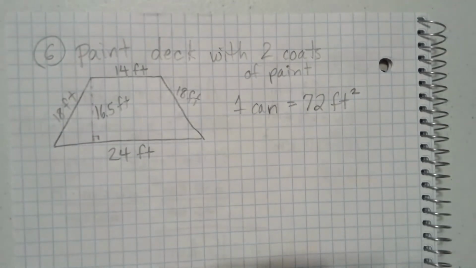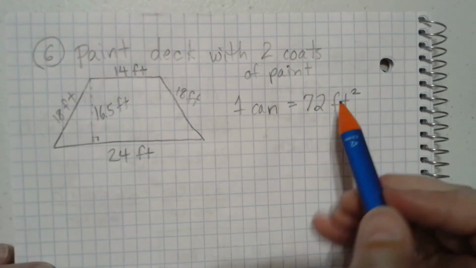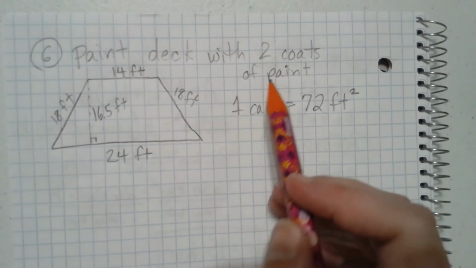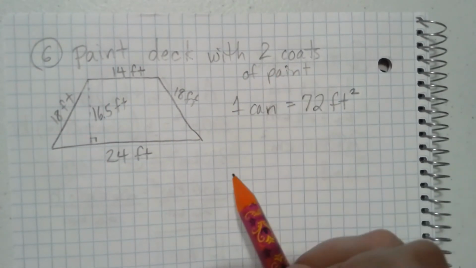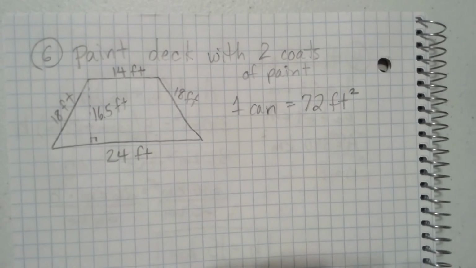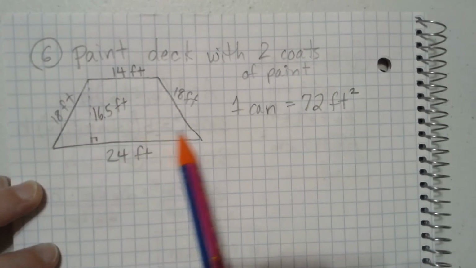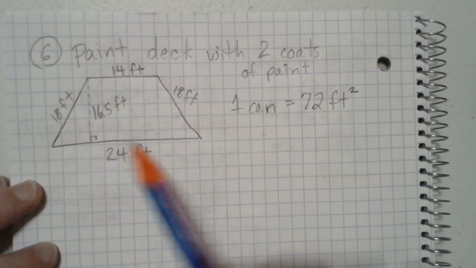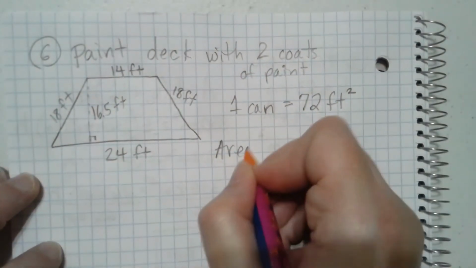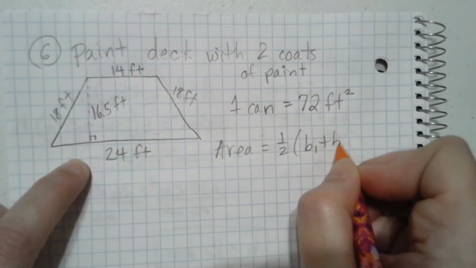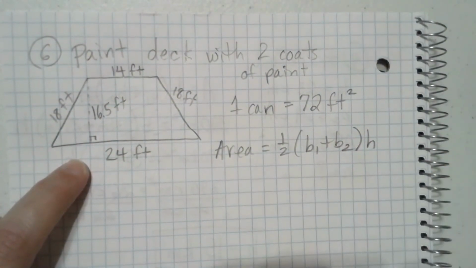So how many cans of paint will we need to buy in order to paint all of our deck twice? That's the question. In order to find that, we need to know how big this deck is. So what am I coloring in? This represents the area. The area of our trapezoid is half, base 1 plus base 2, times height.